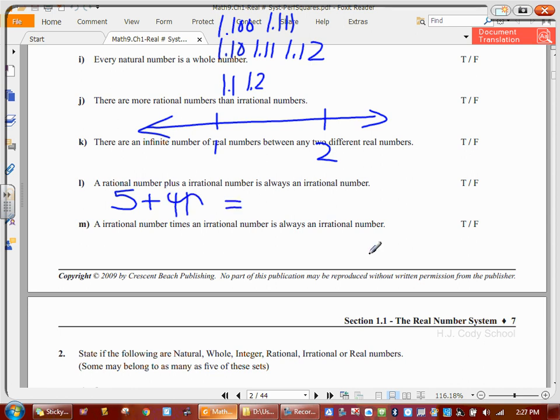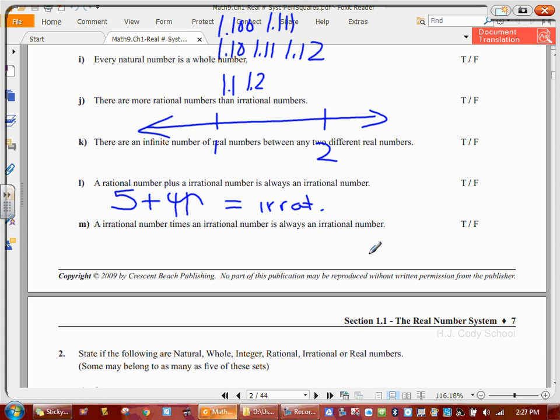Is it always equal to an irrational number? Yeah. Because pi runs on forever. So here, this is just going to be 5 plus pi. I could add 5 and pi. That's going to give me 5 plus 3 is 8, 8 point whatever, run on forever. But it's going to give me a run-on decimal because it's adding to pi.